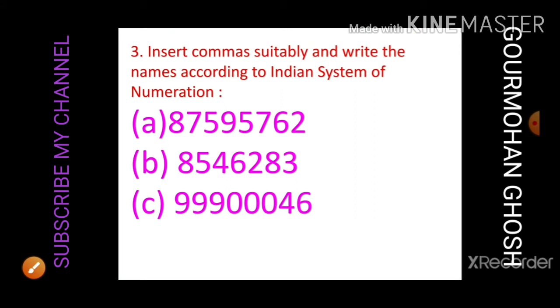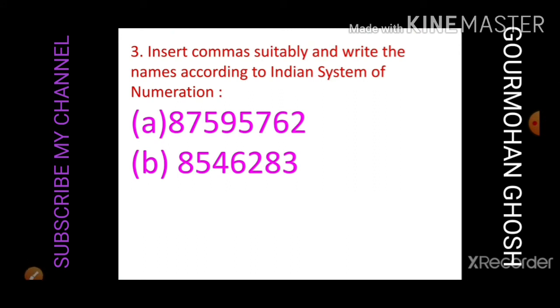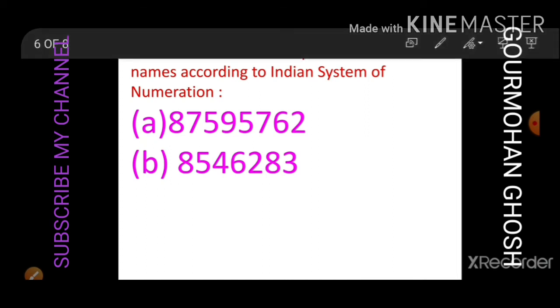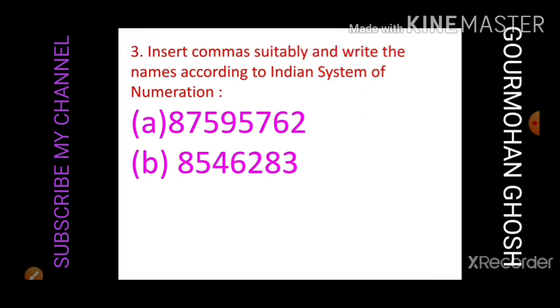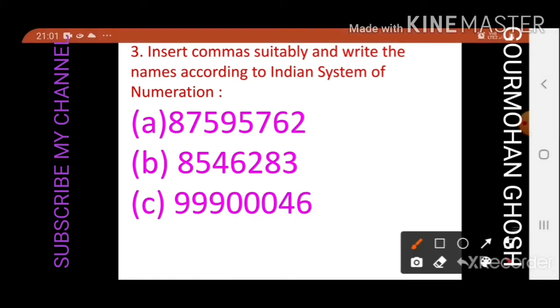So this is a very simple number. So use comma as usual, 3 digits from right to left, then 2 digits, then 2 digits.